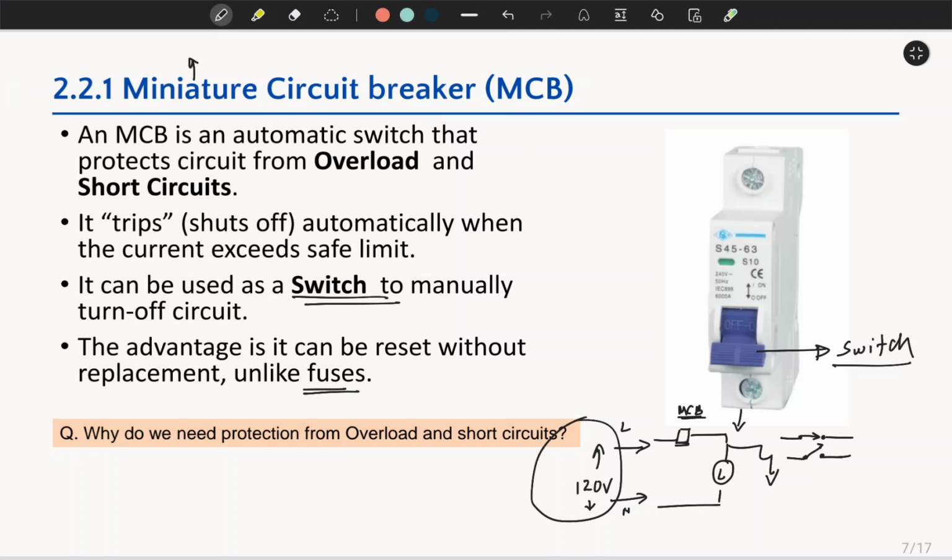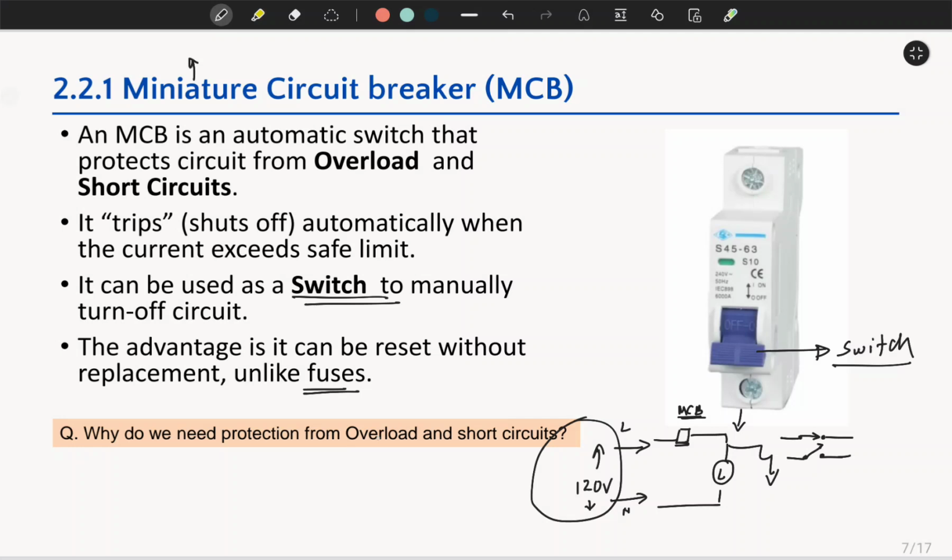Whenever there is a fault, it will break the circuit by damaging itself, so you need to replace it. But in case of MCB, the mechanism is such that you do not need to replace the MCBs again and again. If there's an overload or short circuit, it will trip automatically, and you can reset it after clearing the fault.